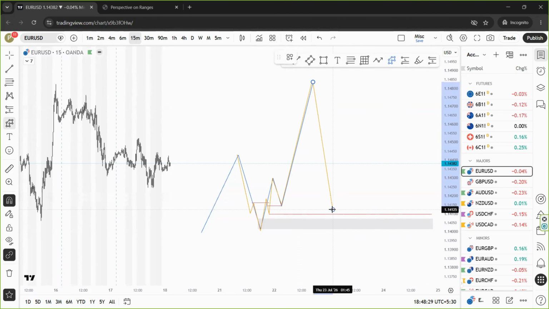If price does something like this, and you know about this point, then you could probably avoid trading this, because this is likely to be a trap, and then wait until this is taken. So you are getting the actual move.